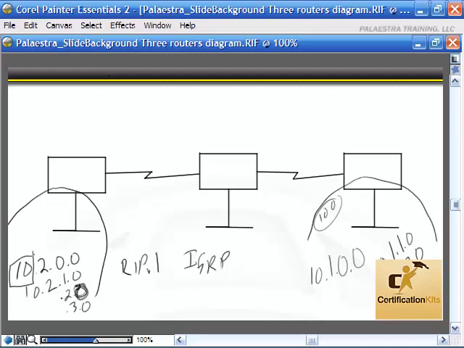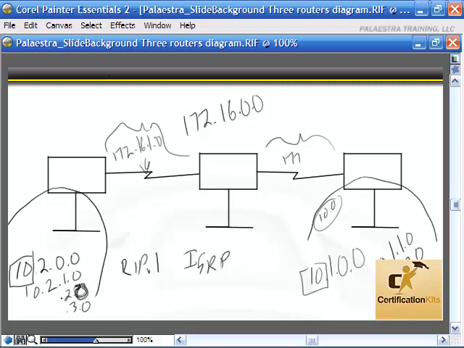Now, they are both a part of the 10 network. So you might think logically the subnets here and down here would all be a part of the 10 network, but maybe they're not. Maybe they're a part of the 172.16 network. So we've got the 172.16.1.0 subnet right here, the 172.16.2.0 subnet, and down here the 172.16.3.0 subnet.